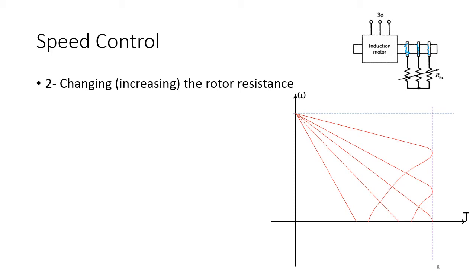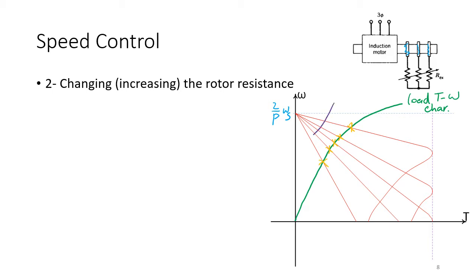If we have a low torque speed characteristic like this, the synchronous speed remains constant, but we can achieve a different operation point.